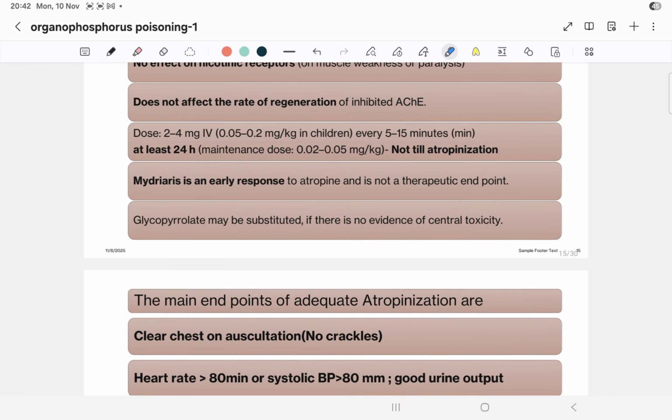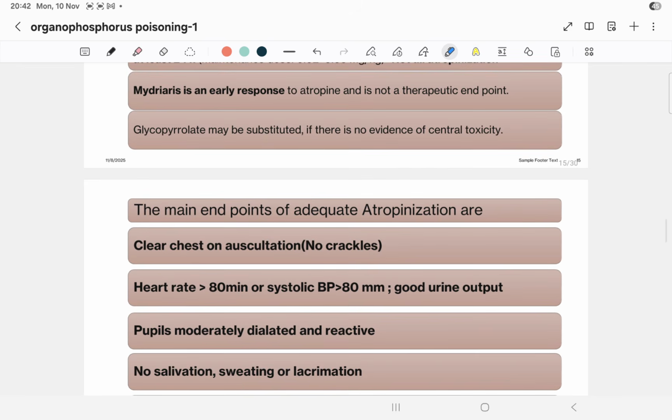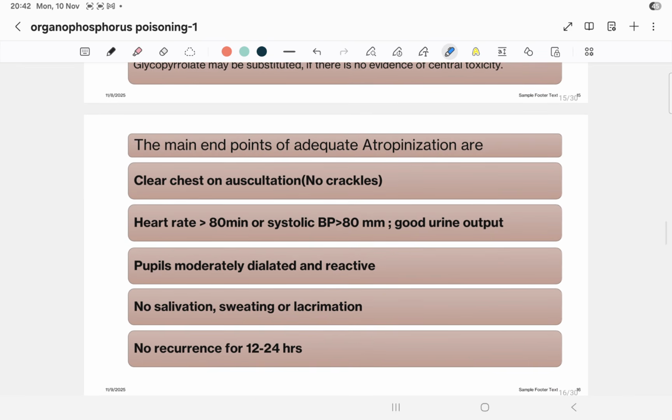But in this case, we will not stop atropine once the pupils dilate. We will stop atropine when the chest is clear on auscultation, heart rate is greater than 80 per minute, systolic BP is greater than 80 mmHg, and there is good urine output. And also pupils are moderately dilated and reactive.